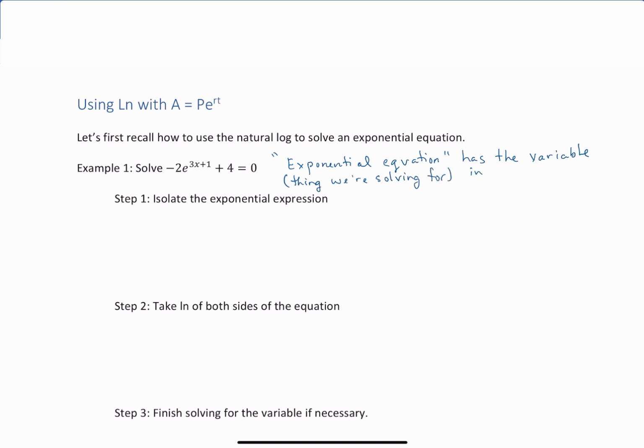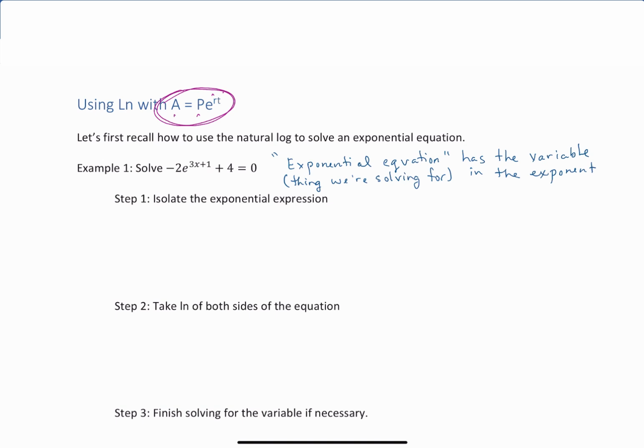The reason I want to emphasize that is that when we start working with our compound interest formula, A equals P e to the rt, there's one, two, three, 4 letters in there, any one of which might be the thing you're interested in solving for. So any one of those might be the variable.